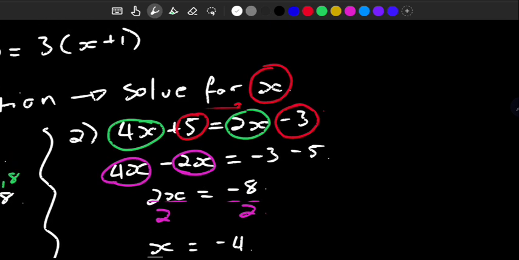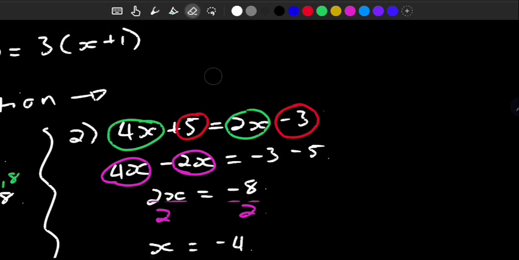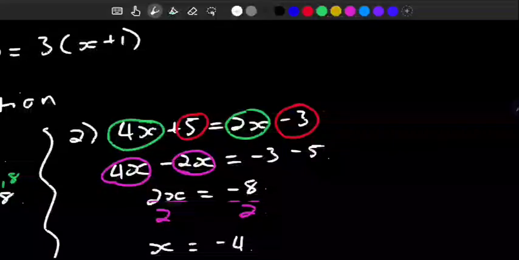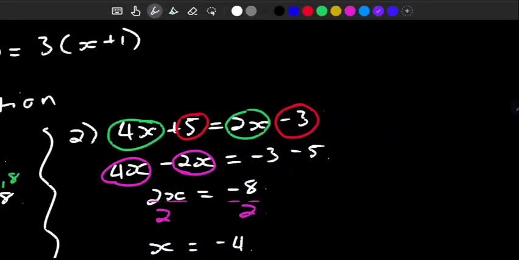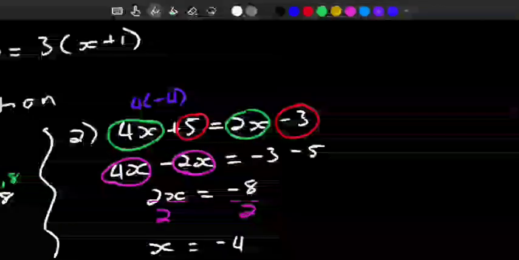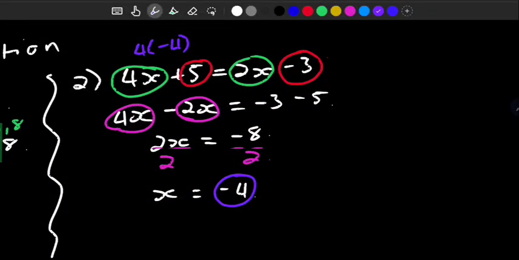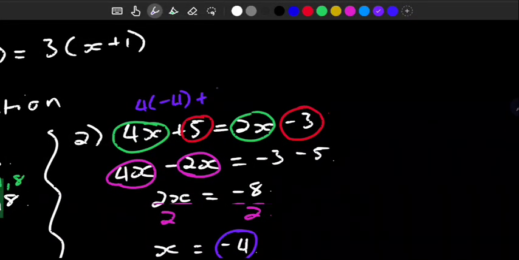Just to quickly go through this, we substitute x into the equation, and what you have is, I'm going to use a different color. So you have 4 brackets negative 4, right? Everywhere you see x, you substitute with our answer of negative 4, plus 5, right?